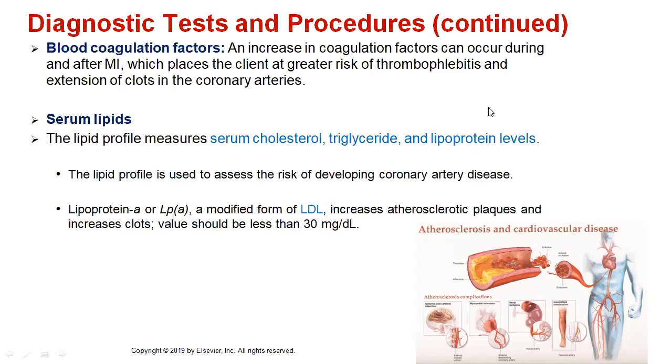Lipoprotein means HDL or LDL. So the lipid profile is used to assess the risk of developing coronary artery disease. Coronary artery disease, or we have to check the hemodynamic monitoring. Both are important.